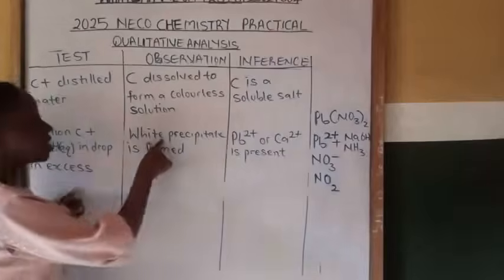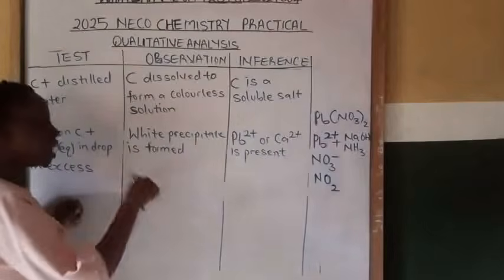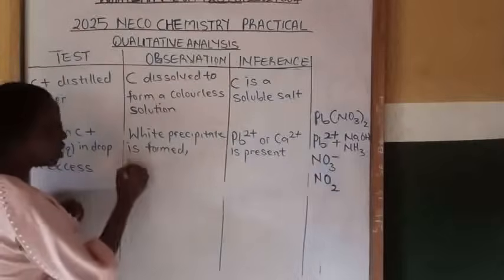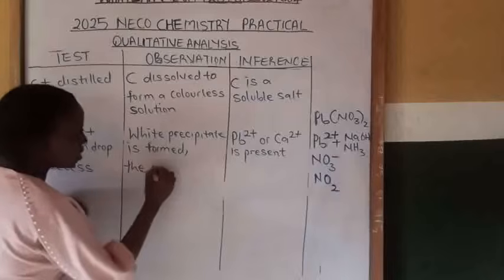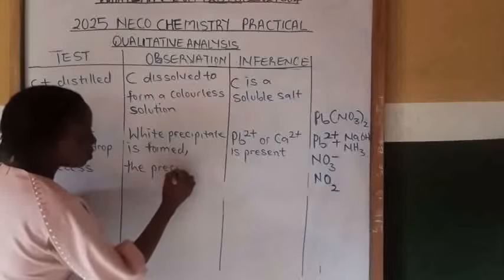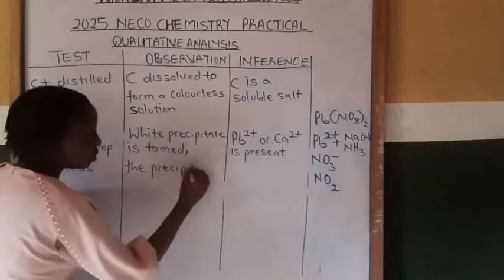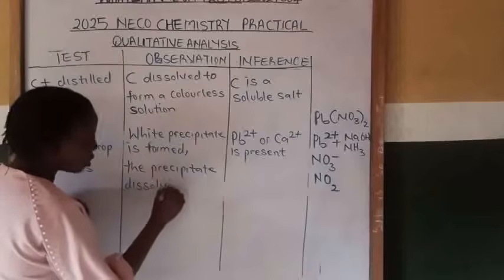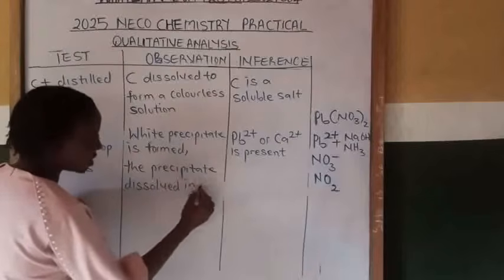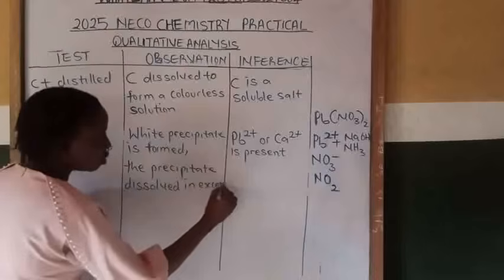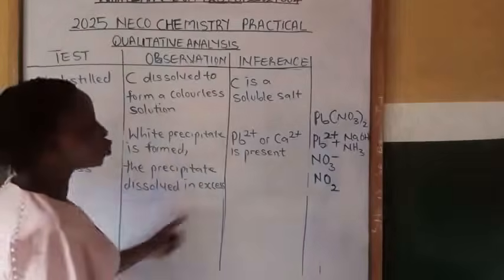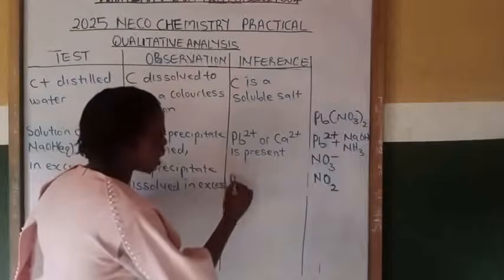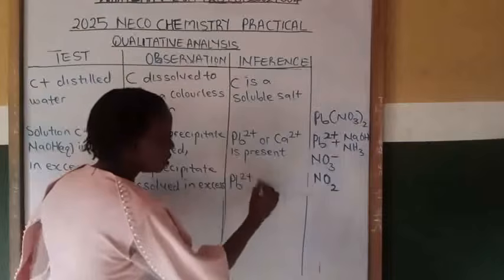The white precipitate will dissolve in excess sodium hydroxide. So the next stage now: the precipitate dissolved in excess, to confirm the presence of lead ion. So you are going to say lead ion is present.